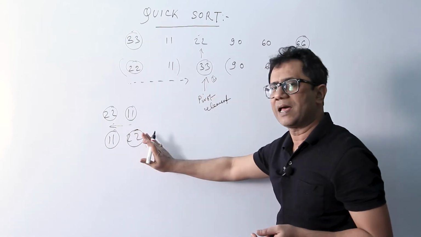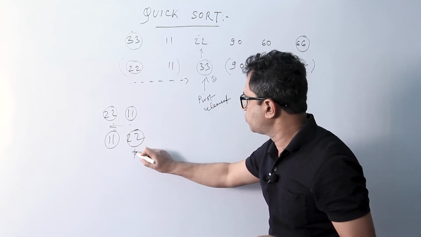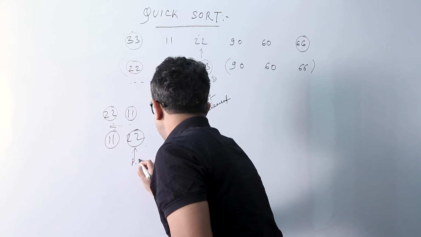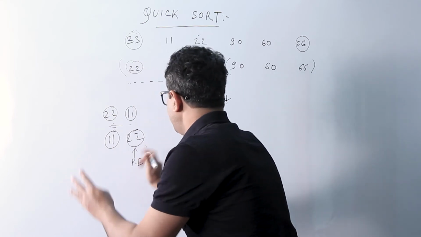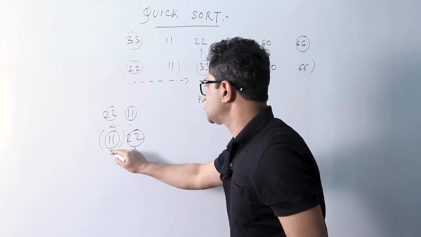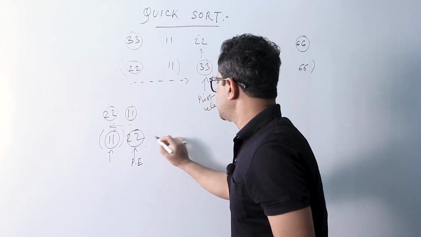That means we have discovered the position of 22, and this 22 becomes the pivot element of this sub-array. It has a sublist on the left-hand side which is 11, a solitary element, and on the right side there are no elements.